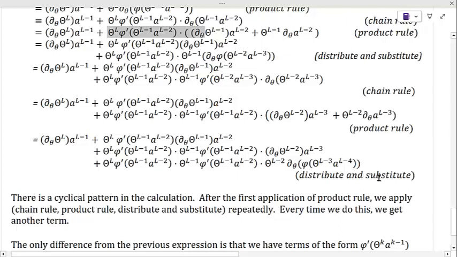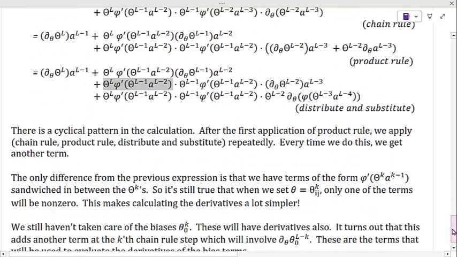Now, if you look at this carefully, the only difference between this expression and the previous expression is that you have these theta primes sandwiched in. So it's not actually that much more difficult. The theta primes are important, but they can be accommodated fairly easily. So it's still true that when we set theta equals theta ijk, only one of the terms will be non-zero.